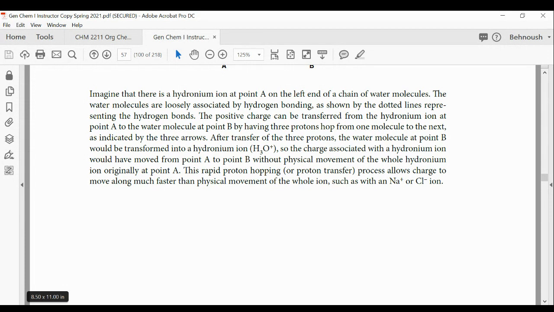Just look at the definition for the proton donor, like H3O plus, and the proton acceptor, like OH minus. One is acting as a strong acid, H3O plus, and the other, OH minus, is the strong base that accepts the protons.